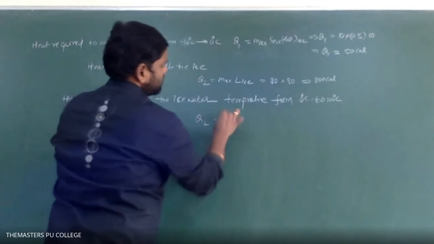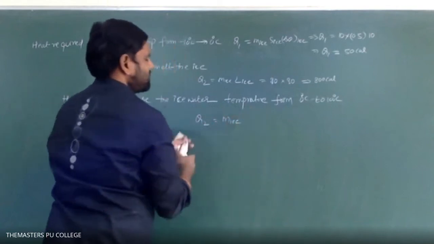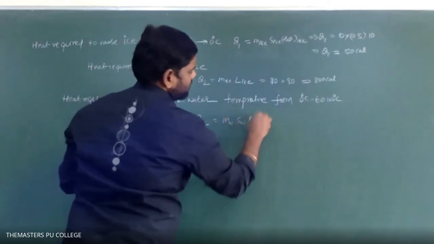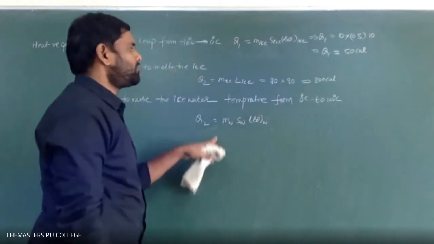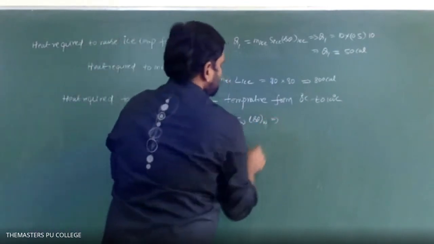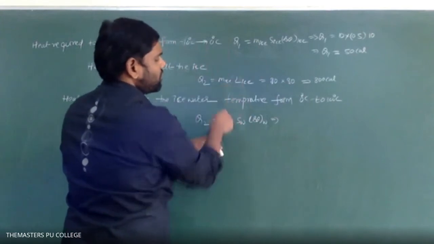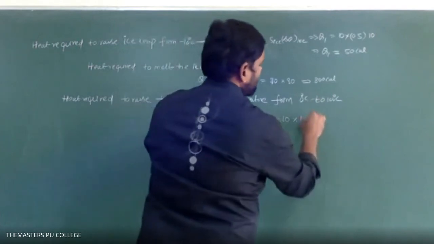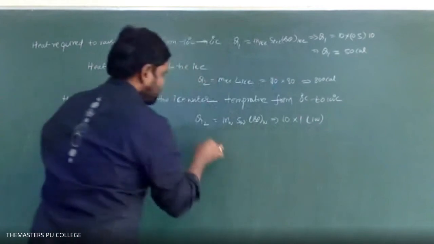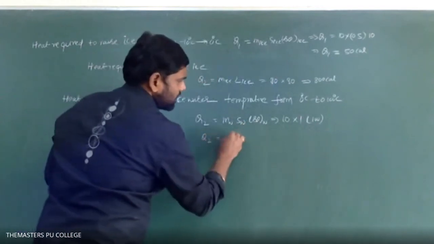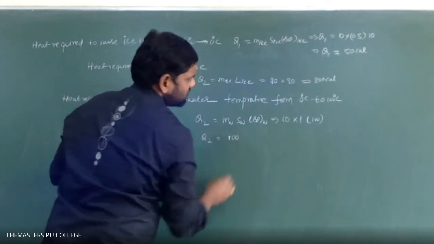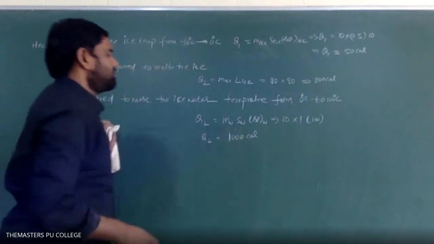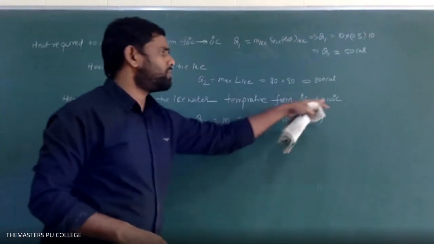Q3 equals mass of ice water, or mass of water also you can take, no problem, into specific heat of water into delta theta of this water. Water is obtained by melting of ice, so how much ice melts, the same amount of water will be there. That's why 10 gram, specific heat of water is 1 calorie per gram centigrade, and delta theta is 100. So we can write Q3 equals 1000 calories. Hence 1000 calories is required to raise this melted ice water temperature from 0 to 100 degrees centigrade.